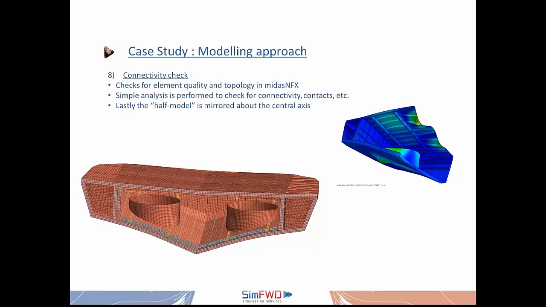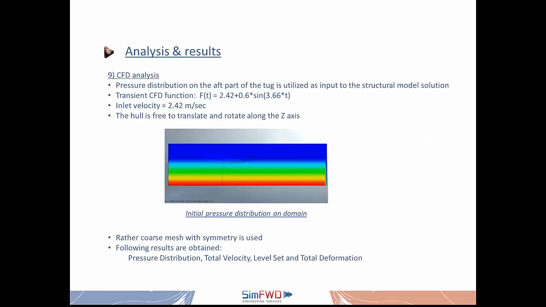So now again, having set up the structural part of the project, we put that on hold, and we come back to the fluid part. In this CFD part, as you've seen before, we have set up our domain and our mesh.